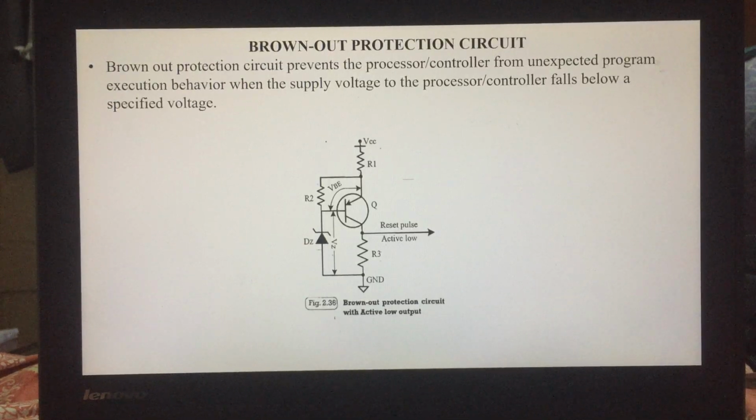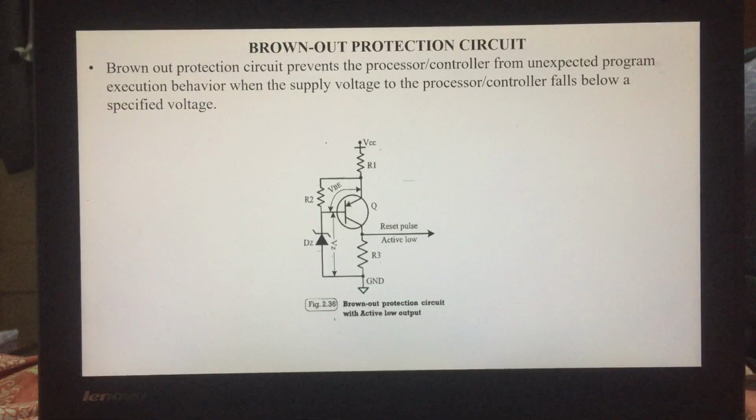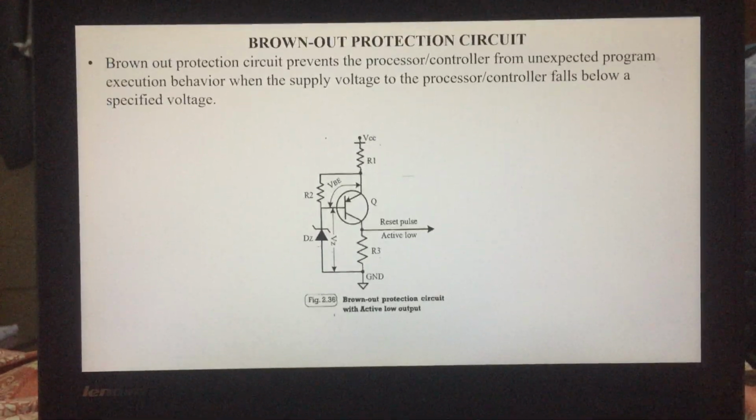Brownout protection circuit. A brownout protection circuit prevents the unexpected program execution behavior of the processor or controller when the supply voltage to the processor or controller falls below the specified voltage or threshold voltage. Brownout protection is very much essential for battery powered devices since after the battery is used, there are greater chances of the battery voltage dropping below the threshold voltage.